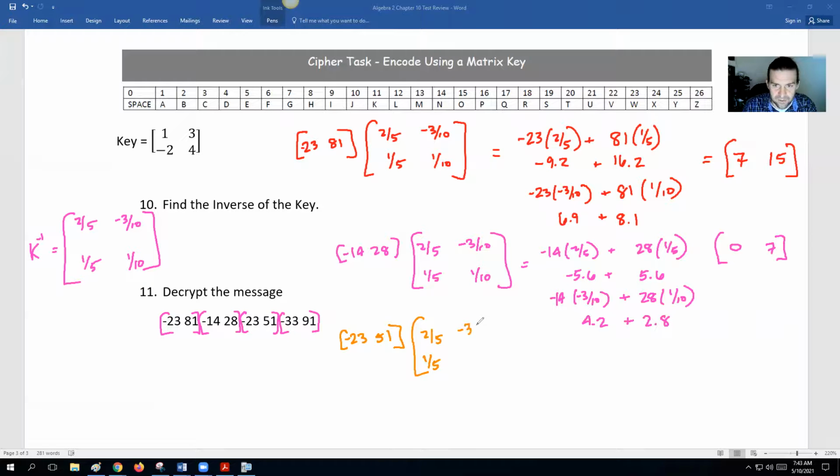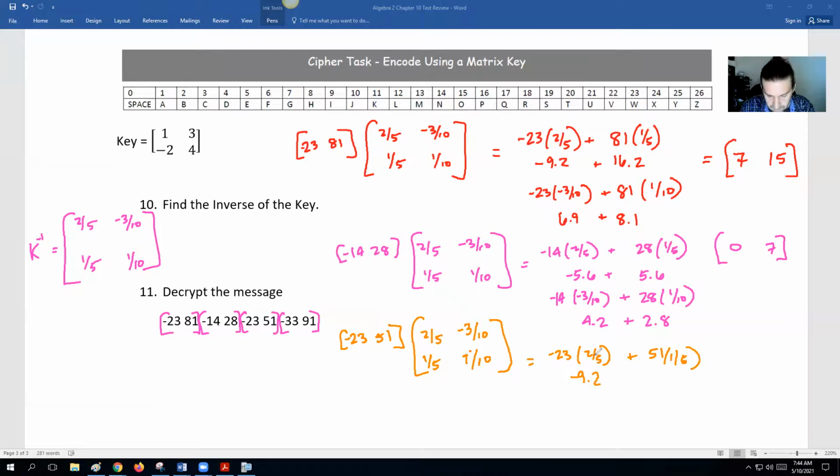And we're going to go through this process again. Okay, so negative 23 times 2/5. That's negative 9.2. Oh yeah, we already did that one.